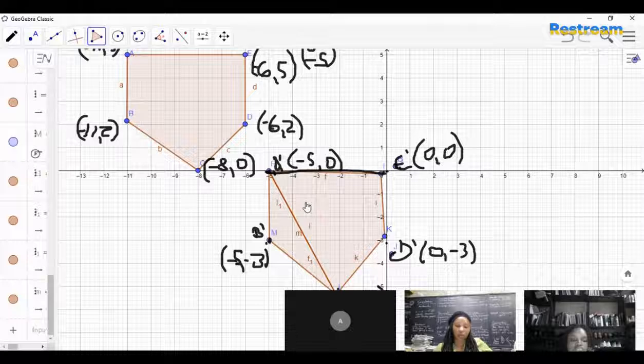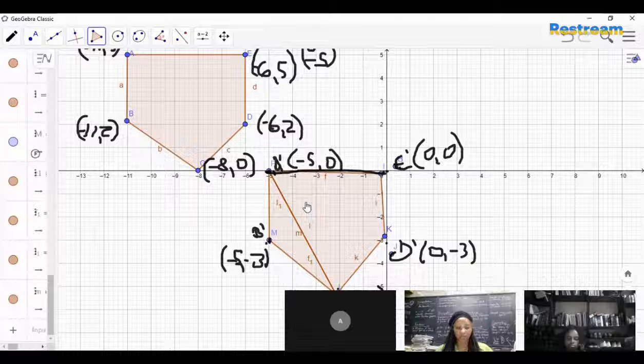Right, so the orientation changed. The size didn't change, but the orientation was the opposite. If it had been oriented to the right, it now looked to the left. If it had been up, it was now pointing down. For the translation, size remained the same. Most times orientation will remain the same as well. So what really changes is the position on the coordinate plane.